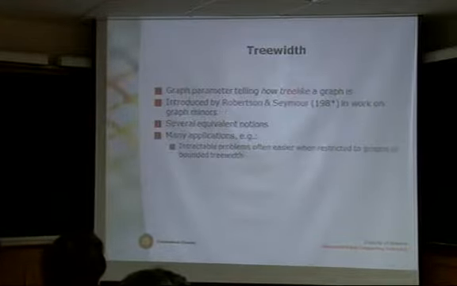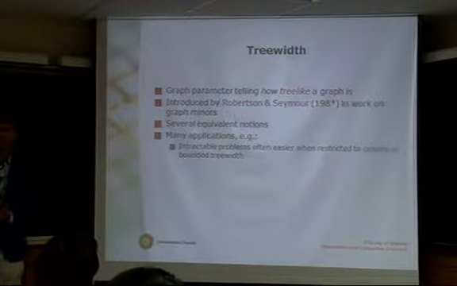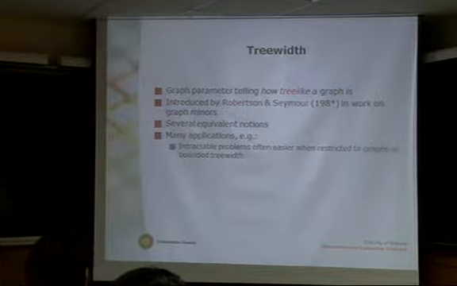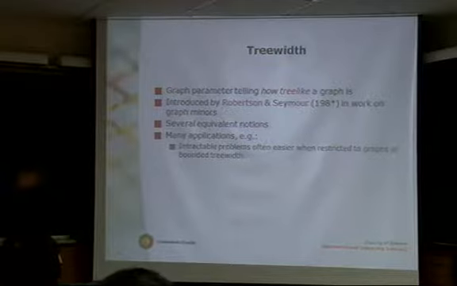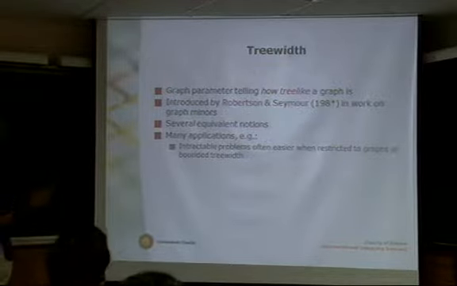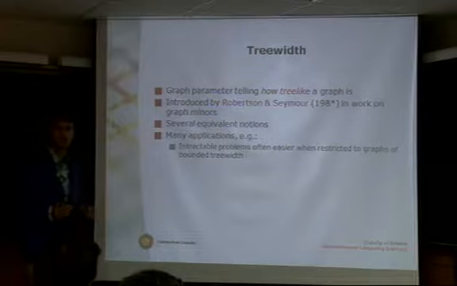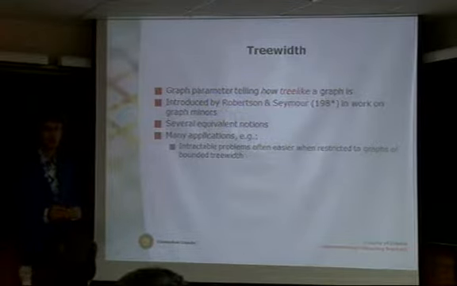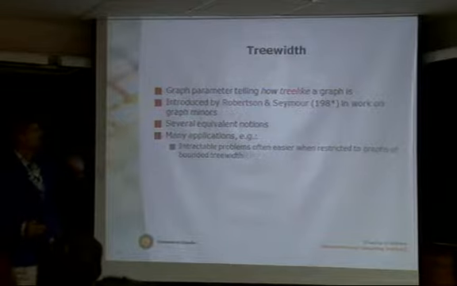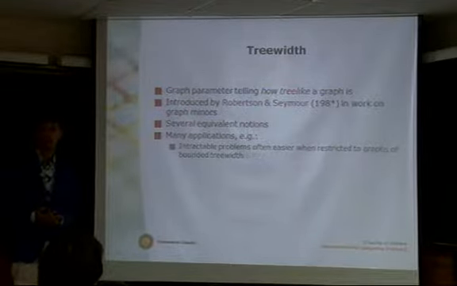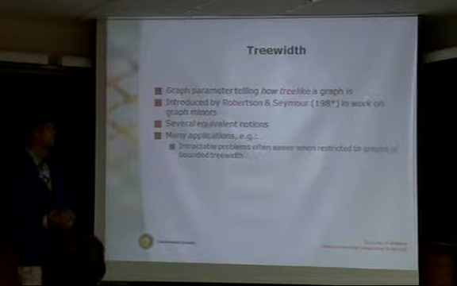So first, tree width. Tree width is a parameter on graphs which tells more or less how tree-like a graph is, and I'll define it more closely later. The first introduction of tree width appears in the work of Robertson and Seymour on their fundamental work on graph minors. But actually the notion was predated by other notions like partial k-trees and some others earlier.